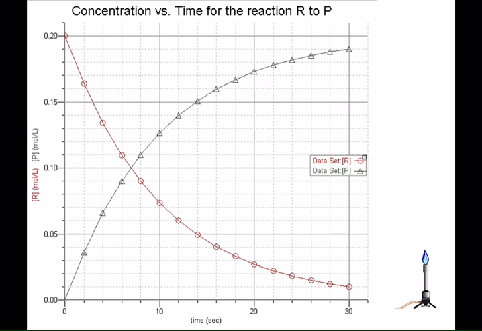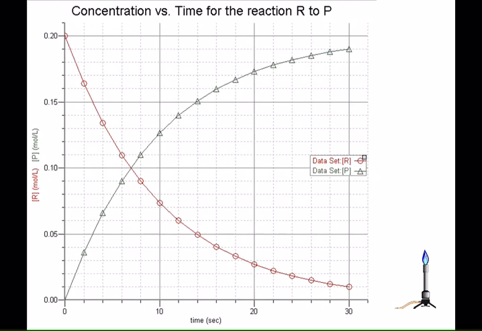So how fast is it occurring? I'll put this up on the board. Reaction rate, RXN, stands for reaction rate, is equal to, what's delta mean? Change in, yep. Change in molar concentration of either the reactant or the product, over change in time.